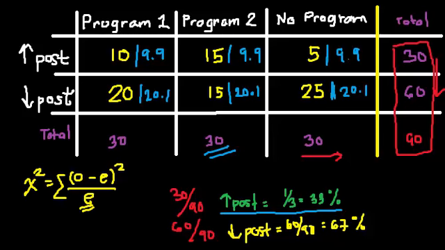Just to make sure we're clear, these are all our expected results based on the total ratio, and on the other side we have our observed results.